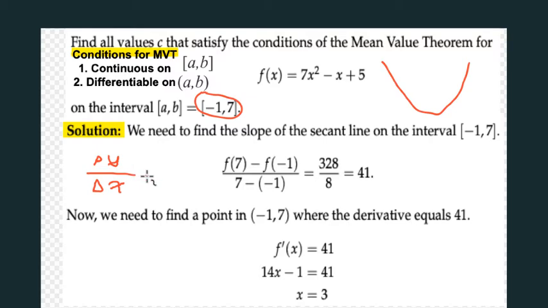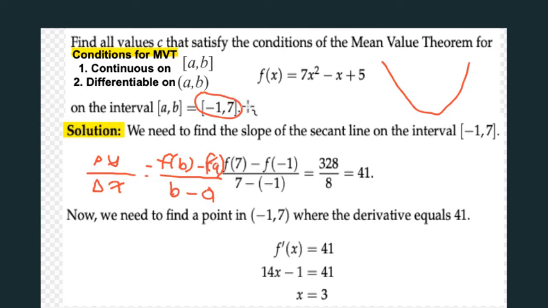So that equals the function value at b minus f at a, over b minus a. That's delta y over delta x. So f at b minus f at a, divided by b minus a.